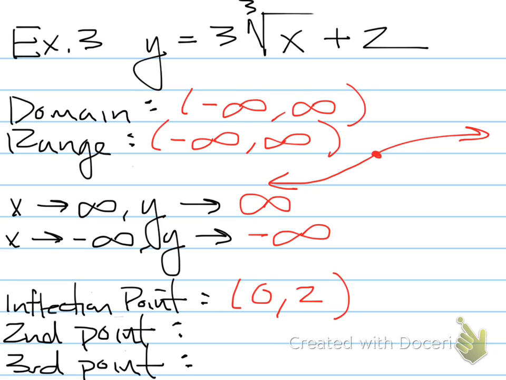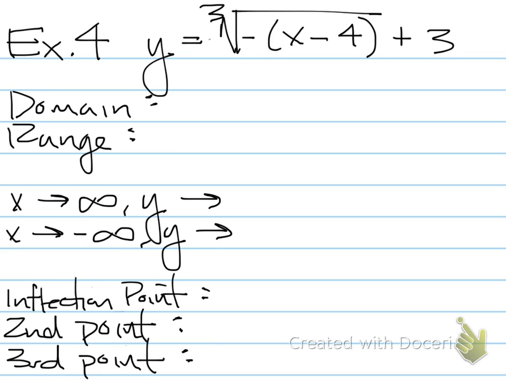Inflection point, h is 0, k is 2. If x is 1, the cube root of 1 is 1, 1 times 3 is 3, 3 plus 2 is 5. If x is negative 1, the cube root of negative 1 is negative 1, 3 times negative 1 is negative 3, negative 3 plus 2 is negative 1.